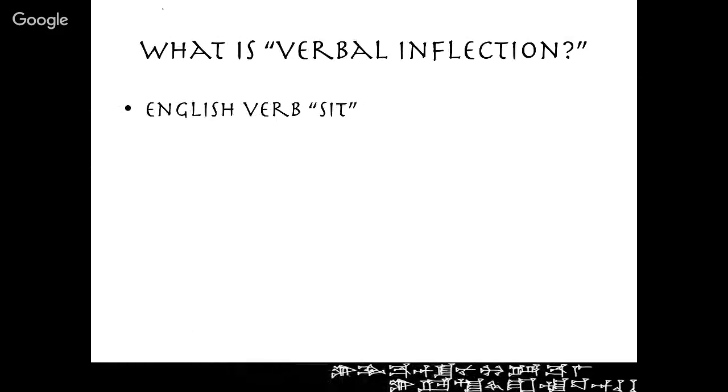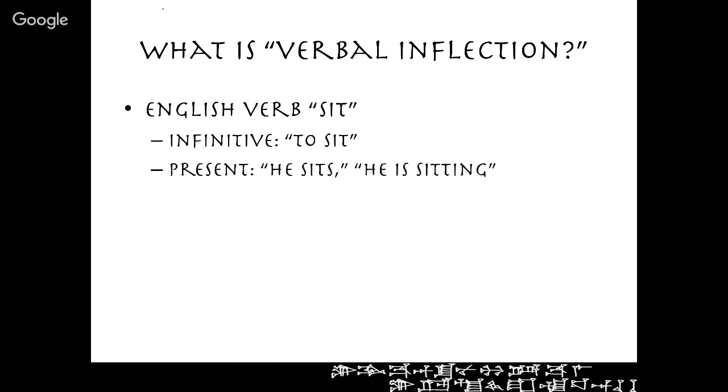So, for example, the English verb sit, similar in the infinitive, to sit, same in the present, he sits or he is sitting, but in the past, he sat. So if you notice, obviously this is all common sense to probably all of you listening, but it's changing the internal structure of the verbal form itself. So the I is going to an A, so that it changes the actual shape of the verbal form itself.